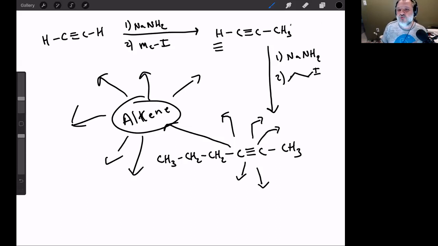And so using a terminal alkyne to form carbon-carbon bonds is a significant reaction in your synthesis problems, because it's a starting point to forming alkynes that you can then do all sorts of alkyne chemistry with, including forming alkenes. And once you've formed an alkene, you can do a lot more chemistry with that as well.